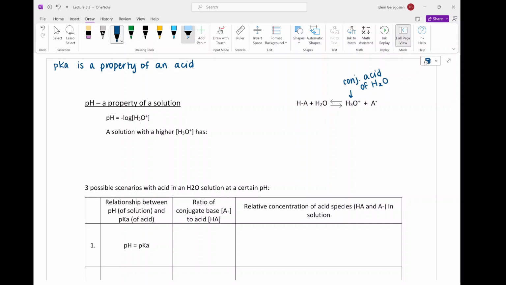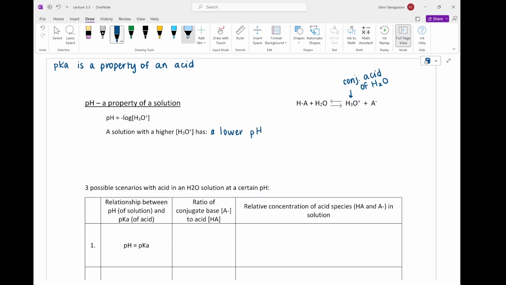So a solution with a higher H3O plus concentration, so more conjugate acid, means, if we're taking the negative log, that means it has a lower pH.